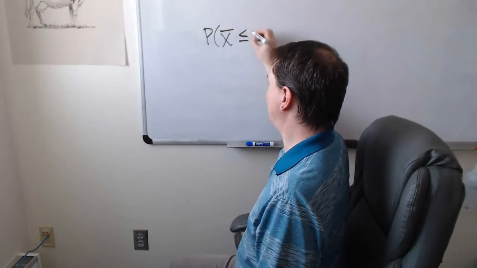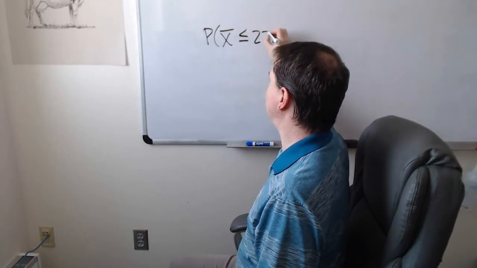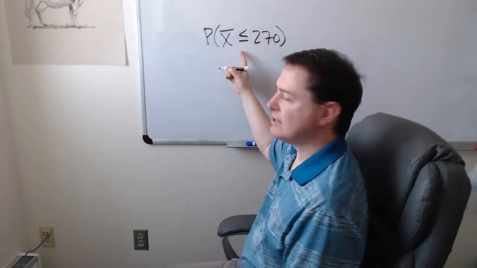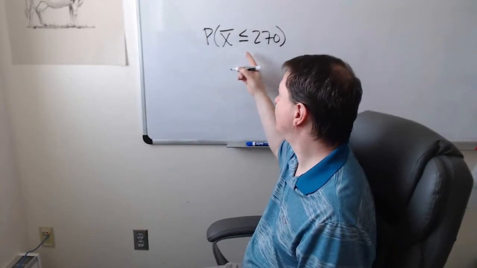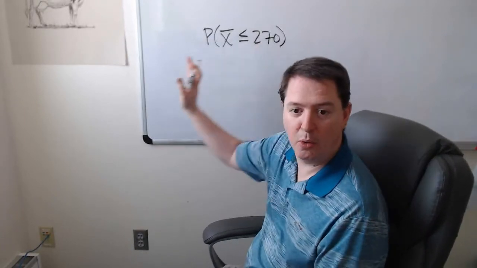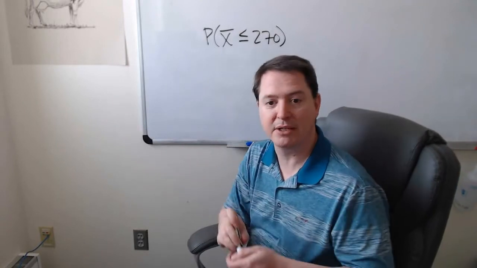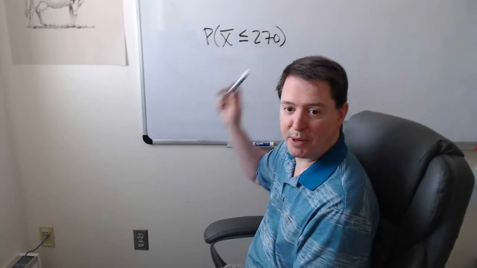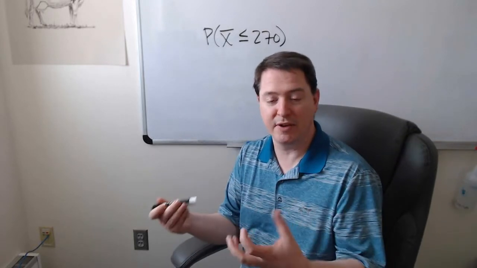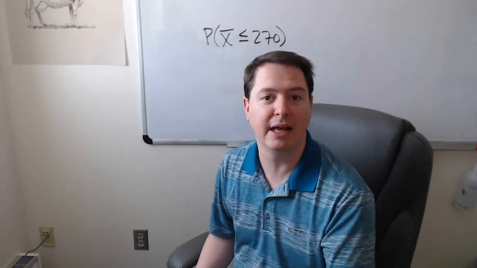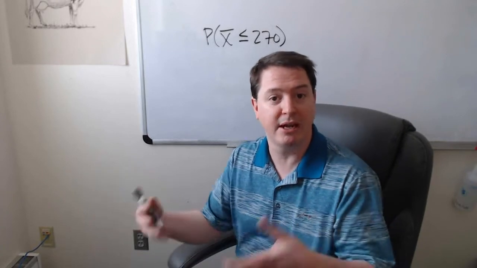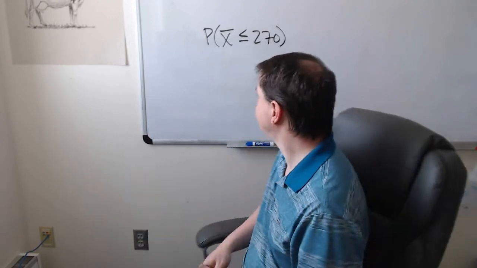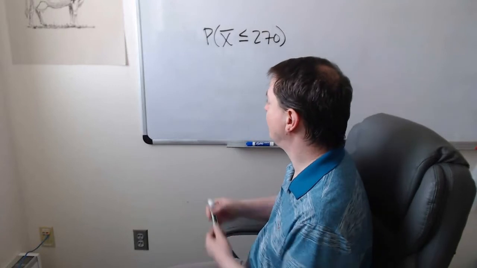I want to find the probability that I get an average length of pregnancy that's no more than 270 days, right? That it's 270 or less. That's how I check if something's unusually low. And then I'll just look at this probability and see if it, to me, feels like a very unlikely thing. If so, then we would say it's quite unusual. So this is what I'm going to look for.